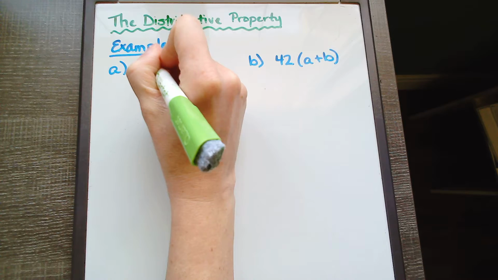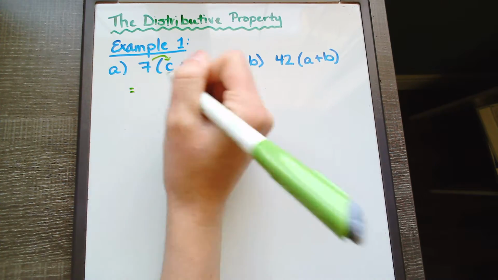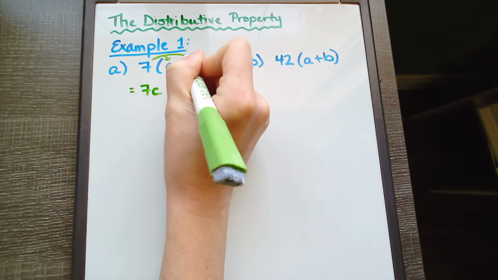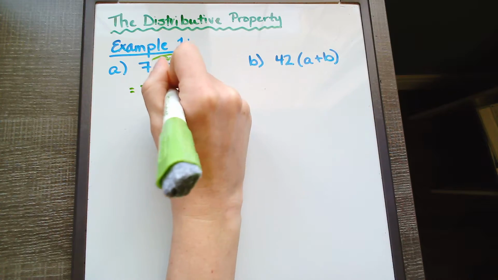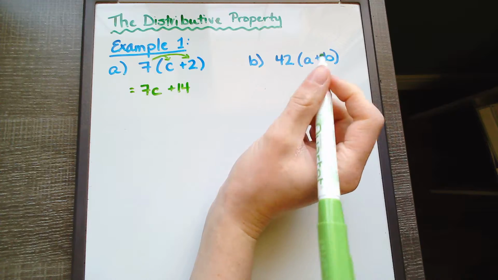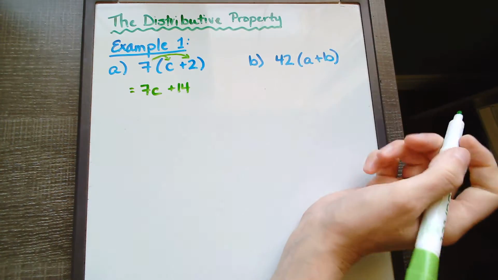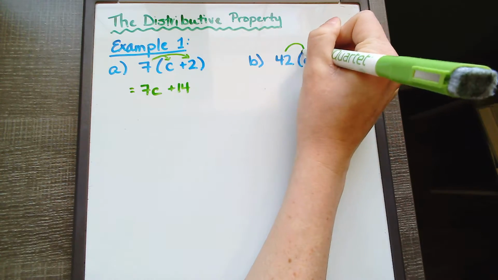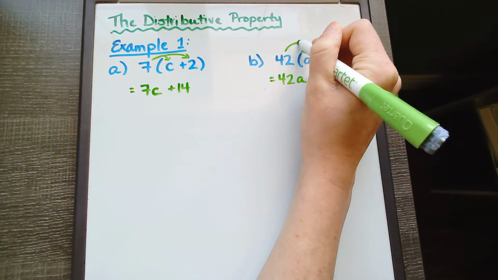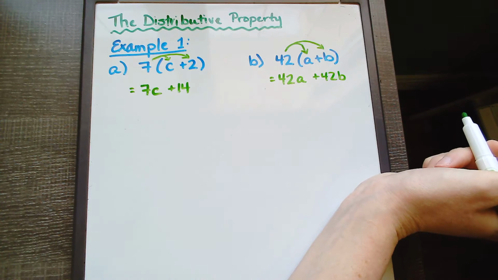I'm going to take this 7 and multiply it by the C. So 7 times C just gives me 7C, and by the 2, so 7 times 2 gives me 14. All I'm doing is taking whatever's outside the brackets and multiplying it by each piece inside the brackets. So 42 times A is 42A, 42 times B is 42B.